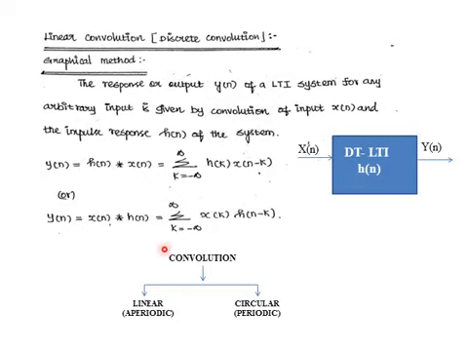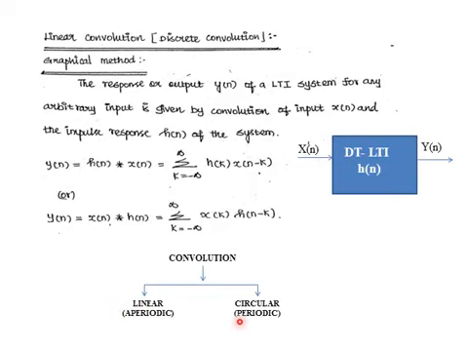Coming to the types of convolution, we have two different types. One is named as linear convolution, the other one is named as circular convolution. The main difference between these two is linear convolution can be performed if the input signal is aperiodic.